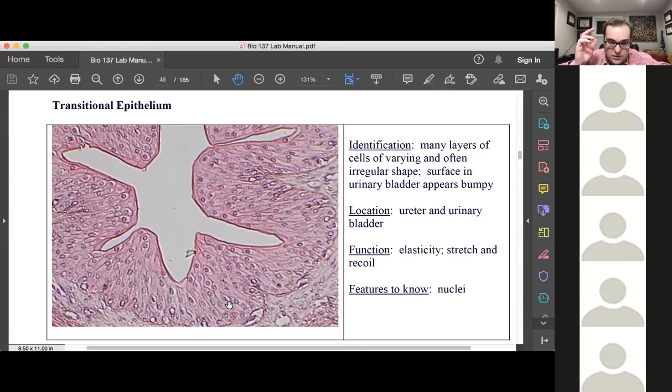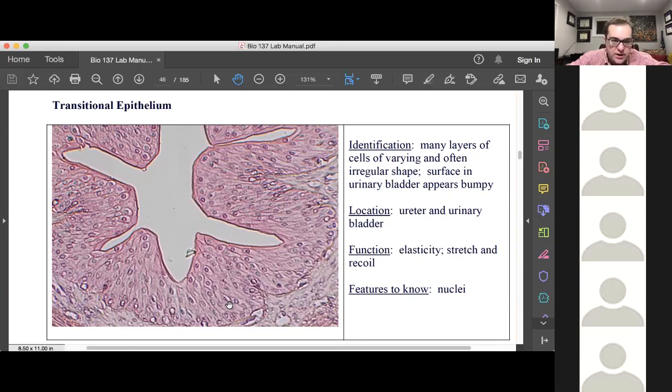When you go to the ER because you need some antibiotics, I will look at urine under the microscope, and you could see a lot of these guys floating around. That tells me you probably have a urinary tract infection that has turned into cystitis. Cystitis is an infection or inflammation of the bladder, and this is where these guys hang out. So, like I said, ureter or urinary bladder location.